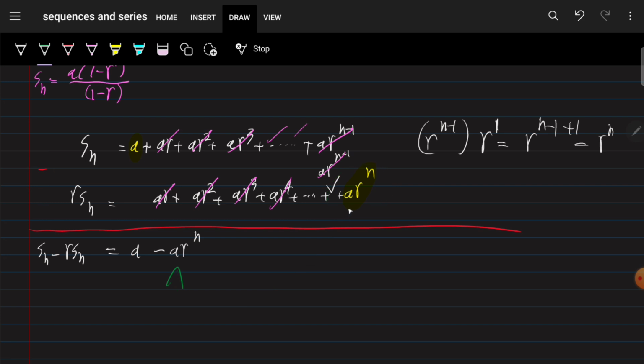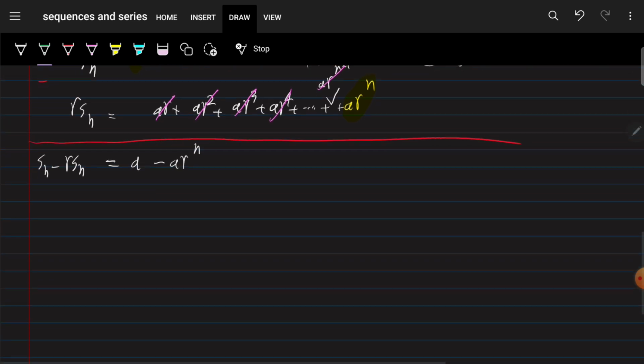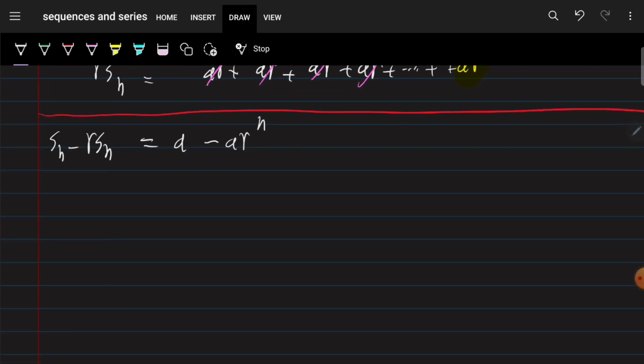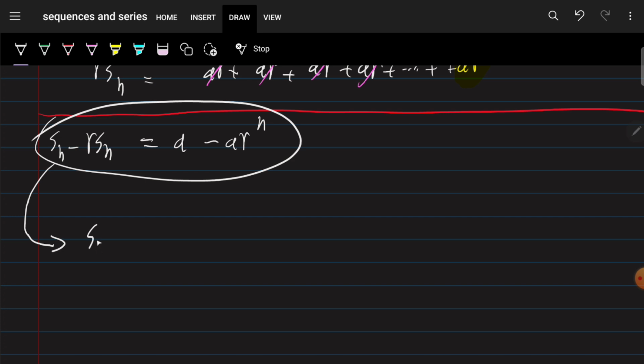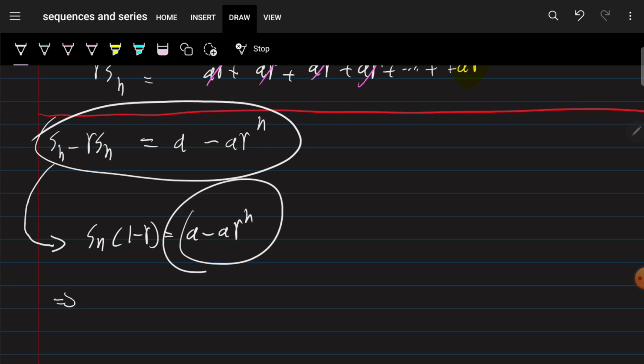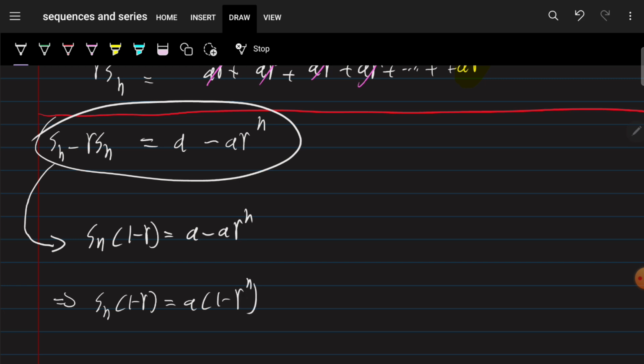Okay, so great, we have this equation. Now our goal was to solve for the sum Sn. So here's what we can do. I'll factor out Sn, and that'll give me 1 minus r, which is equal to A minus AR to the n. I'll factor out A over here, so that'll give us Sn times 1 minus r is equal to A times 1 minus r to the n.